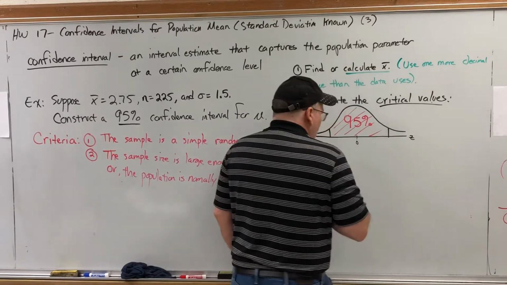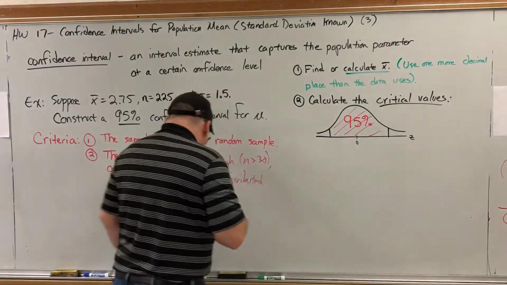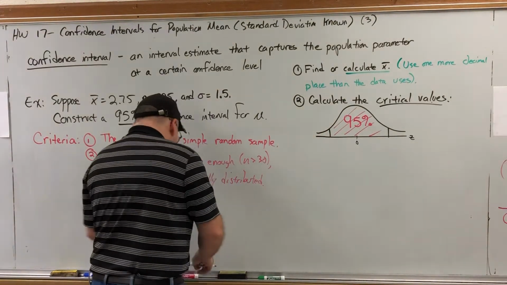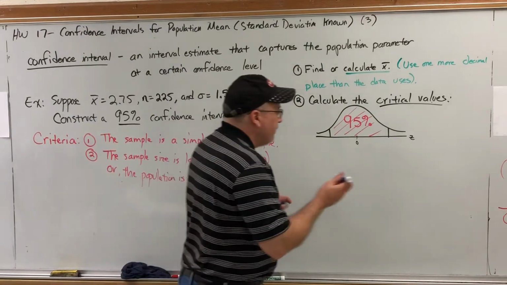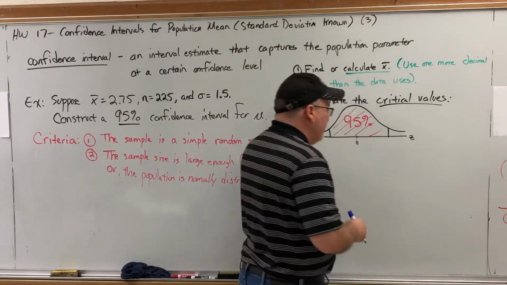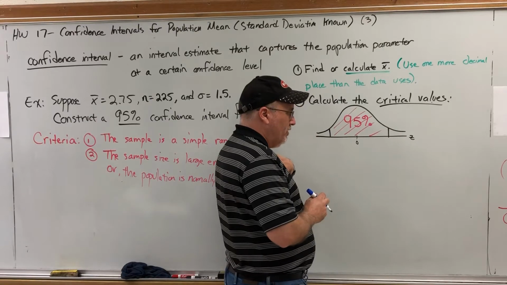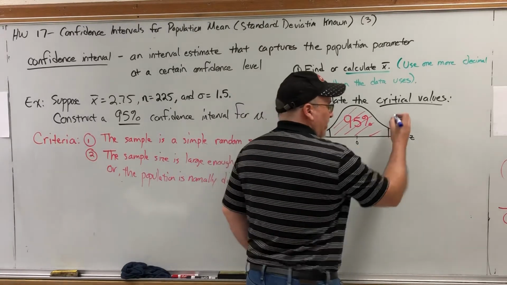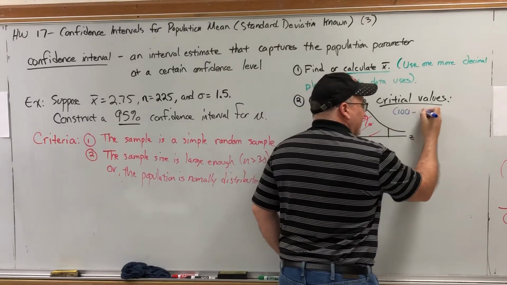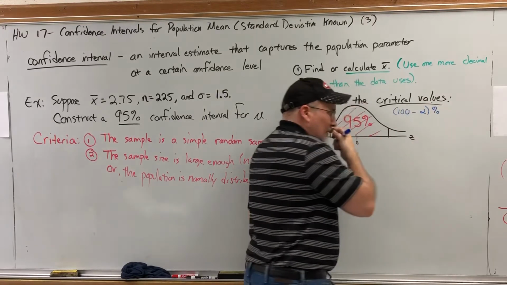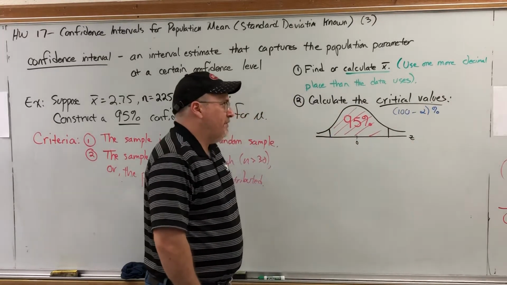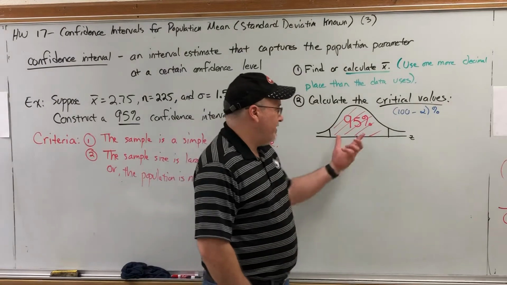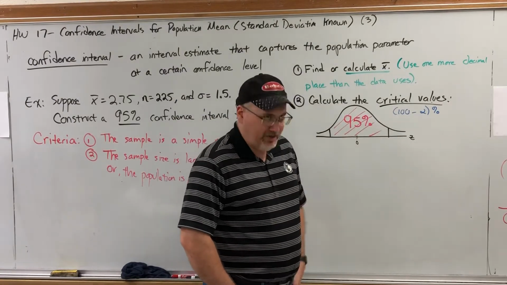Now, I'm going to introduce you to a new variable, but I don't want you to get too overwhelmed by it. When you see a confidence level, it is generically represented by 100 minus alpha %. So in other words, you think of the confidence level not in terms of what it is, but how far away from 100 it is.